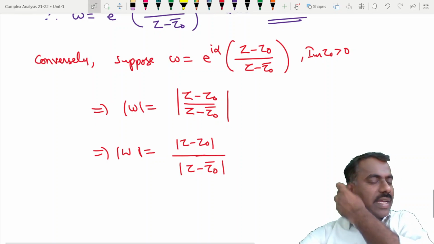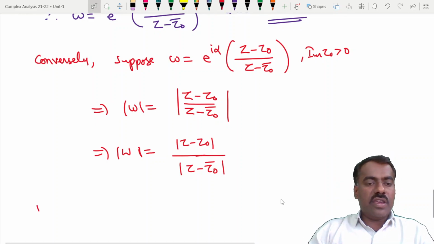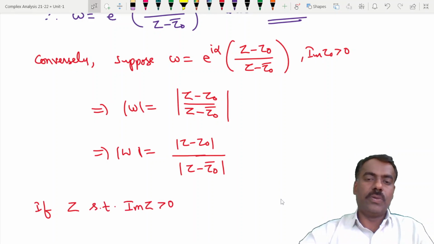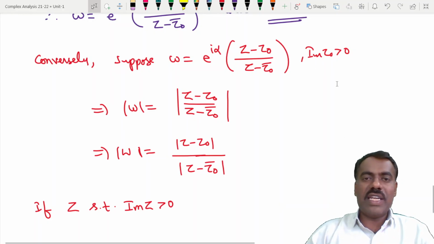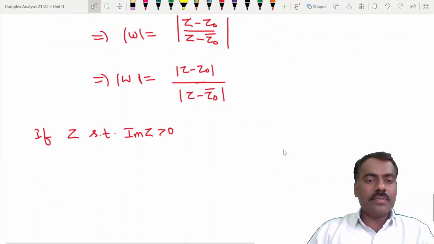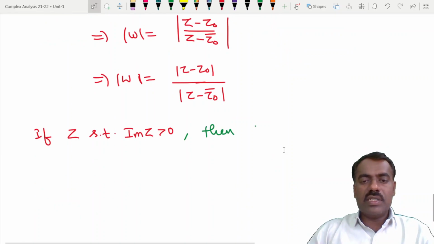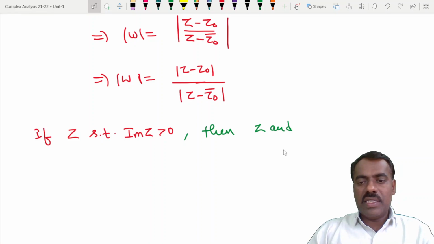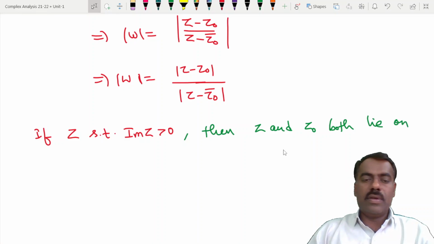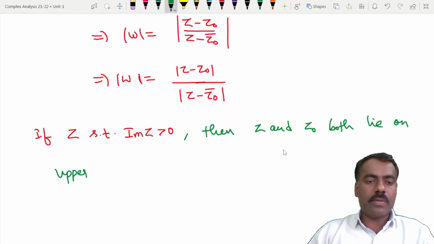Now one can observe that if z is such that the imaginary part of z is greater than 0, and we already know the imaginary part of z0 is greater than 0, then z and z0 both lie in the upper half plane.